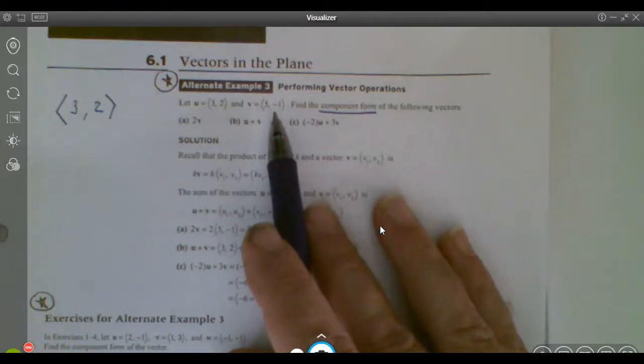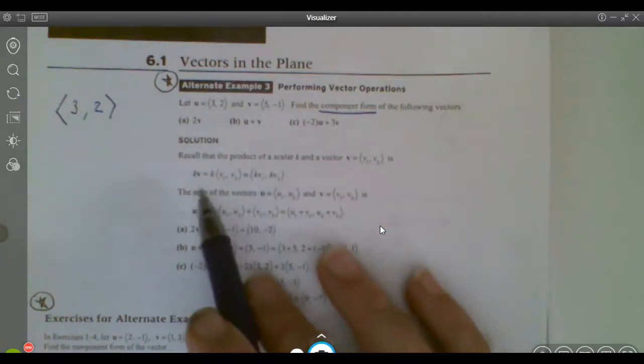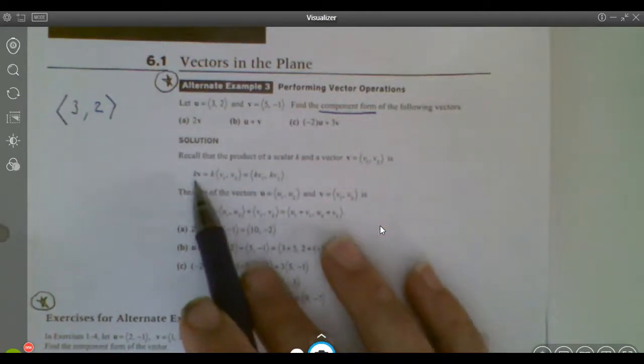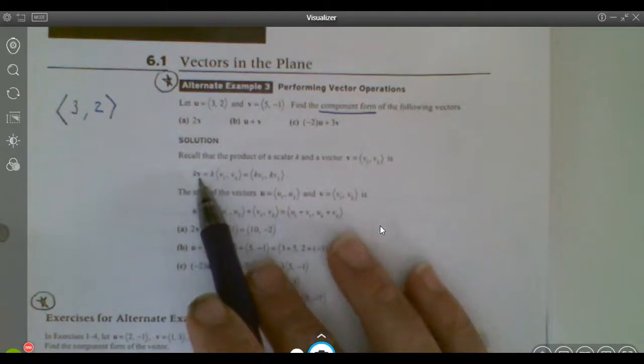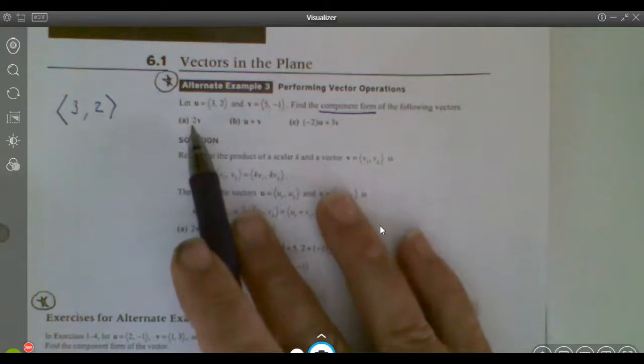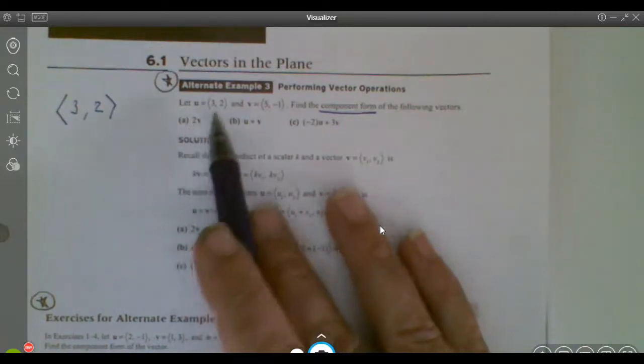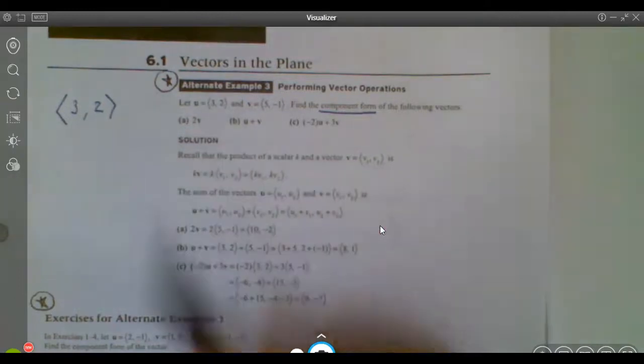If I multiply this guy by 2, I get negative 2, and that's my new vertical component. So here's the general notation. It says k times vector v, so k just represents a scalar. That's what you're seeing right here. A scalar is being multiplied by both components within the vector.